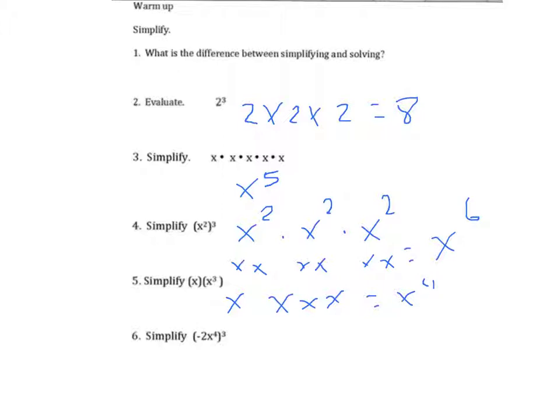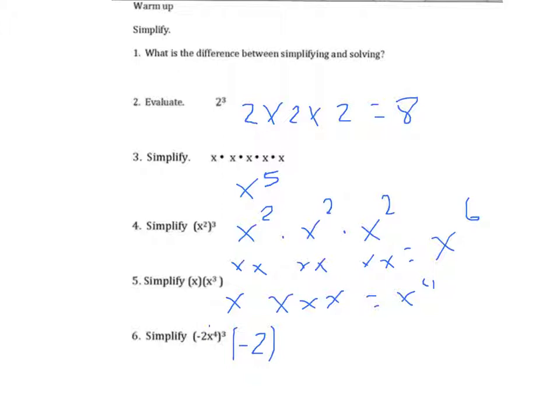That simplifies. And then we have -2. This is the more complicated one for students when they did the warm-up, because we talk about, well, if -2 is already in parentheses, you leave it in parentheses, and then you take that and multiply it times itself 3 times, because there's an understood 1 for the exponent on the -2.